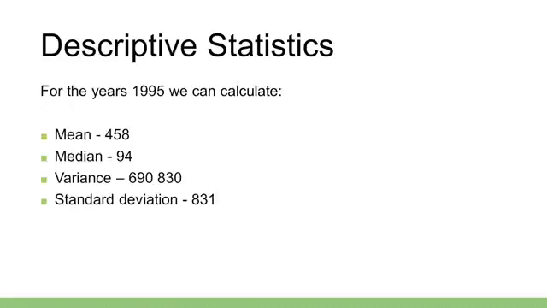Let's have a look. What I want you to see there, that's the 1995 column, all the countries in 1995, and I'm just asking for the mean. And you see it turned out to be 458. Look at this though, the median, 94. What I want you to see is the big discrepancy between the median and the mean, and that must tell us something.